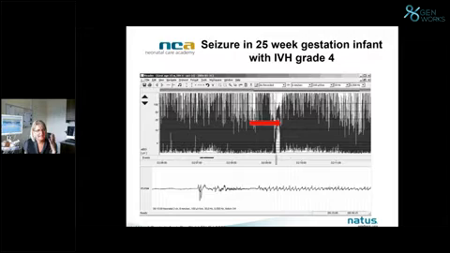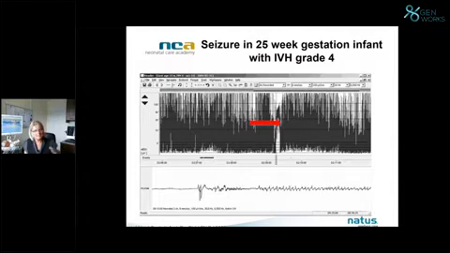But this is an example. This was an AEEG, and you see in the center here where that red arrow is, this was a seizure in a 26-week gestation infant. And actually this was a subclinical seizure. This baby had a grade 4 intraventricular hemorrhage on ultrasound, was mechanically ventilated, sedated, and on a continuous infusion of morphine, which is probably why that background pattern is also slightly depressed.